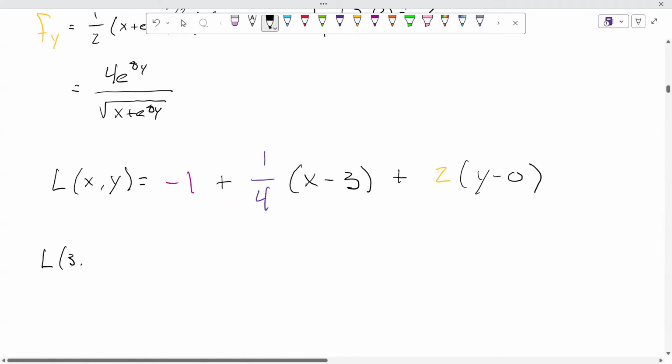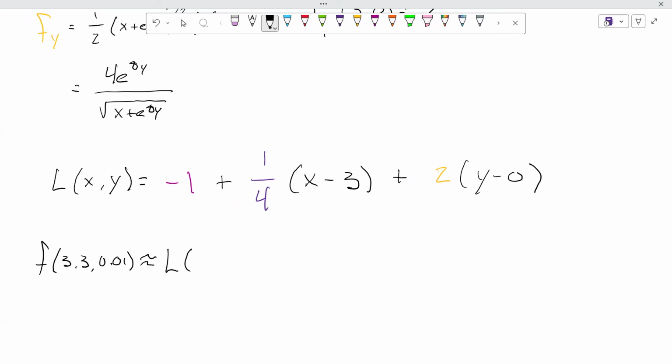L of 3.3, well, let's try this one more time. f of 3.3, 0.01 is approximately the linearization at 3.3, 0.01. And the linearization is negative 1 plus 1/4 times 0.3 plus 2 times 0.01.